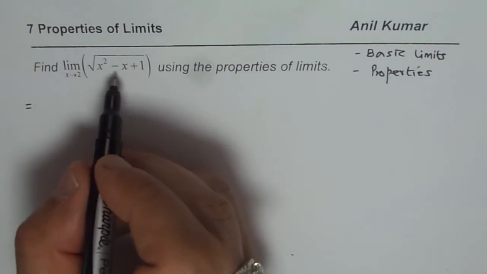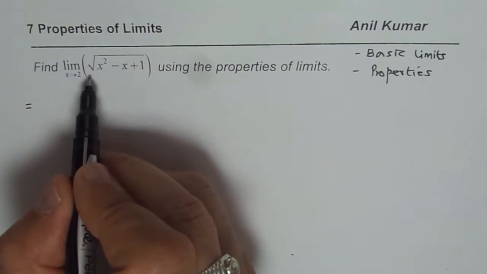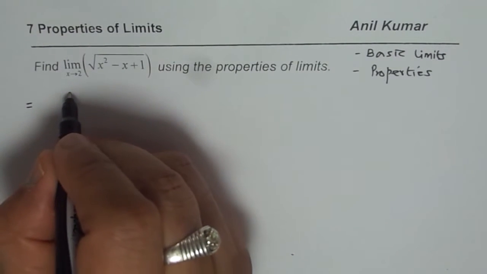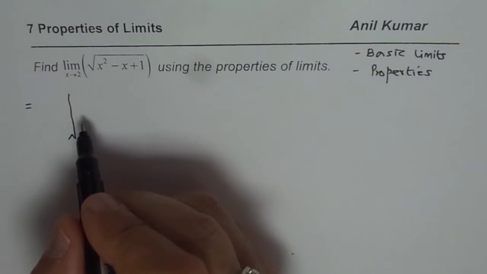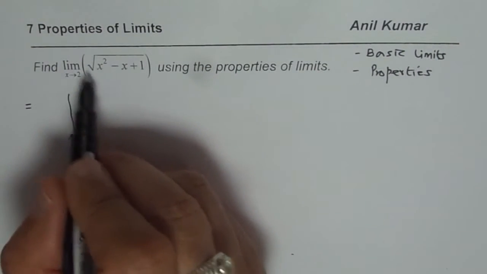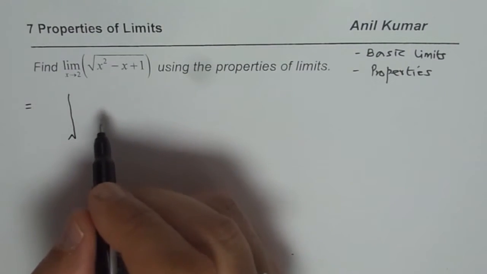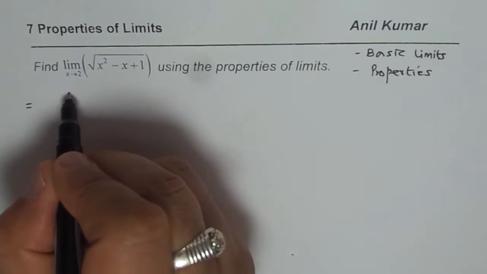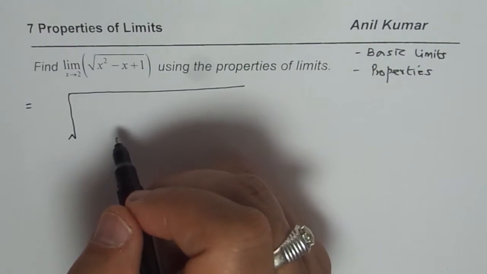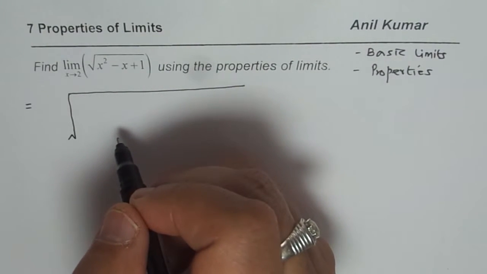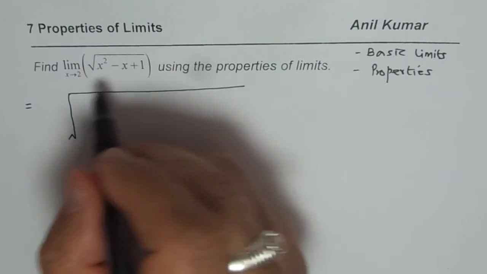Since it is all square root, we can use that property of square root. So that property says that the limit of this function is equal to, I could write half there, but at present I will write a big square root here, correct? And within the square root, I will write all the other combinations.